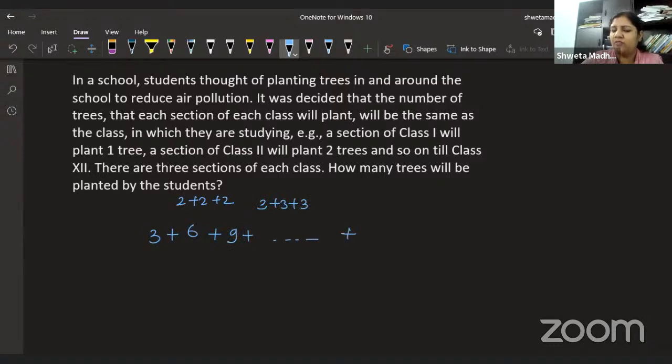Like that, class 12 will plant 12 plus 12 plus 12, 36 plants. Total 12 classes, so how many plants have been planted in total? The sum of all, so S12, which is 12 by 2 into (A plus AN). So 6 into 39, which is 234.